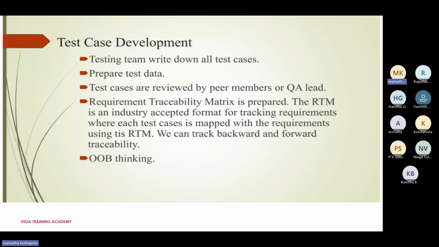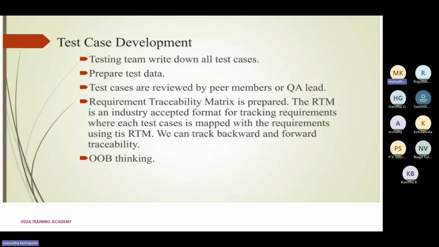Now, once the test cases are developed, very, very important term, you will be mapping, right? You will be writing those test case numbers once the requirement traceability matrix is prepared by your manager. Yesterday we discussed one requirement will have multiple test cases, right?